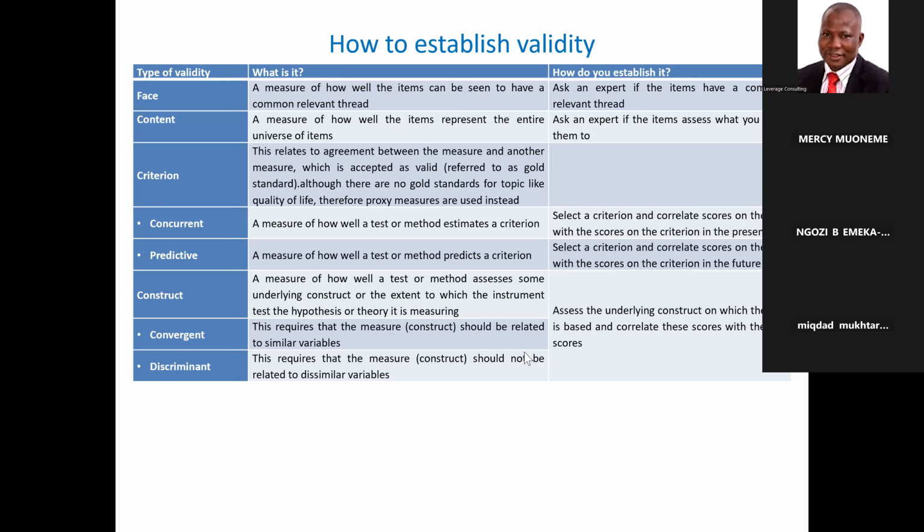Criterion validity relates to agreement between the measure and another measure which is accepted as valid, referred to as the gold standard. Although there is no gold standard for a topic like quality of life, a proxy measure can be used instead. Let me give an example.